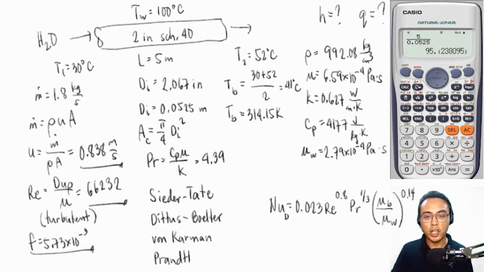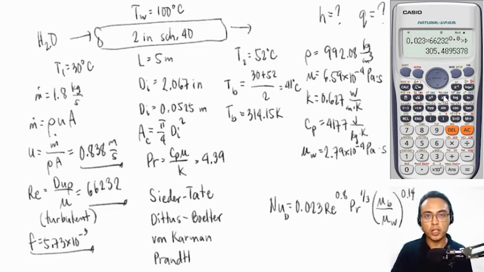Now we can substitute everything and we can determine the Nusselt number. So we have 0.023 times the Reynolds number, 66232, raised to 0.8, times the Prandtl number, 4.39, raised to 1/3, times the ratio of viscosity at the bulk temperature, that is 6.59 times 10 raised to negative 4, divided by viscosity at the wall temperature, 2.79 times 10 raised to negative 4, and we raise the ratio to 0.14.